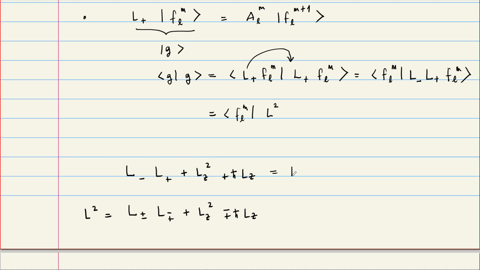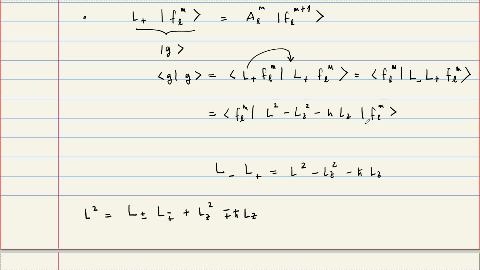This is equal to L squared, then minus LZ squared minus h bar LZ is this thing. So L squared minus LZ squared minus h bar LZ F L M.